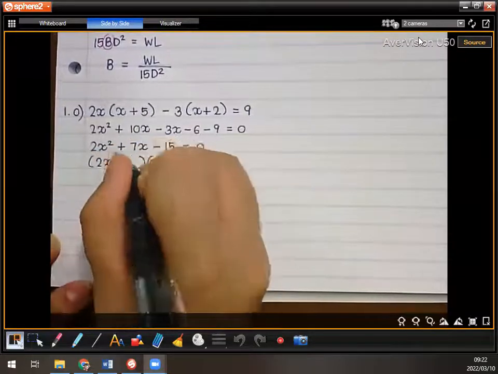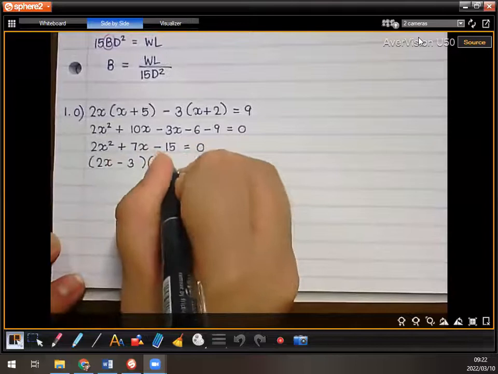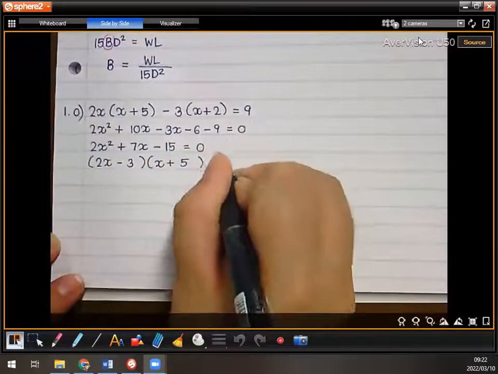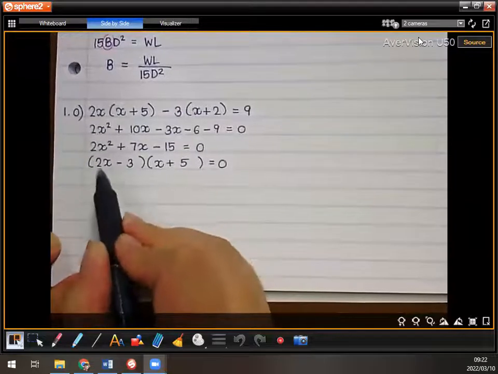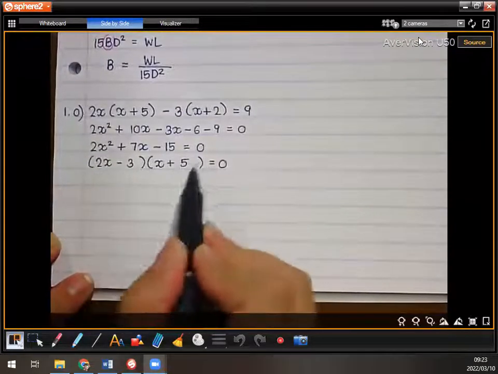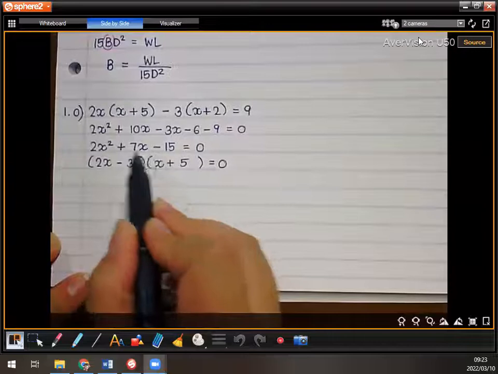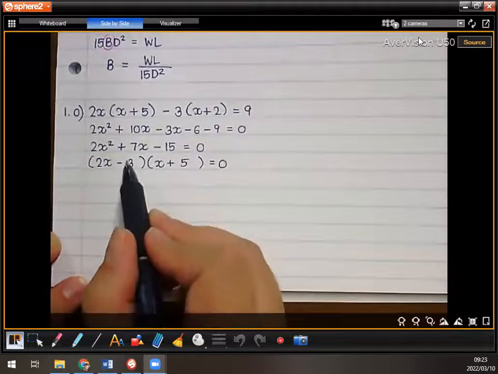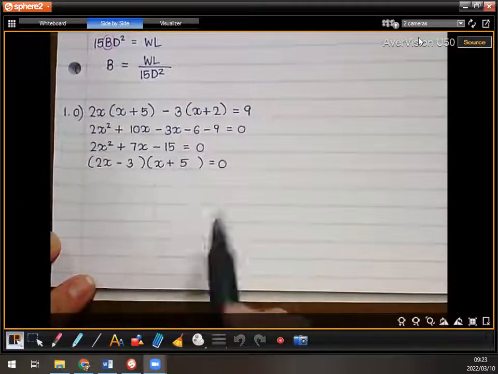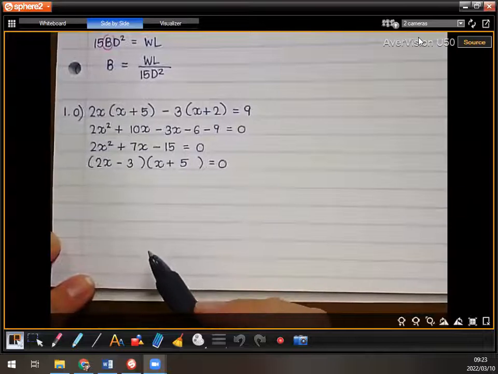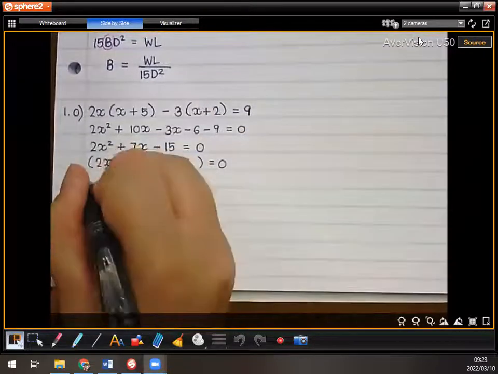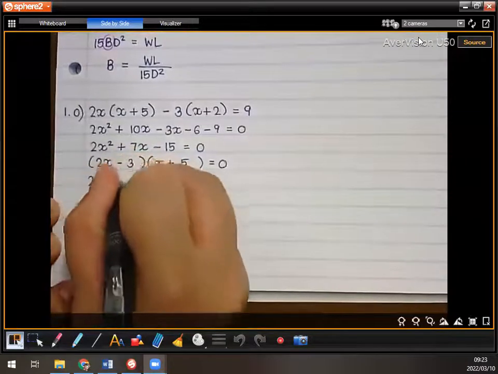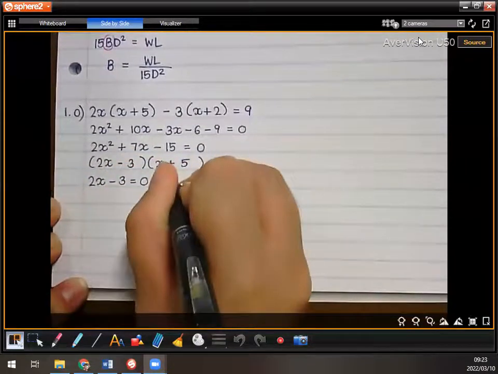2x minus 3 and x plus 5, does that work? Okay, let's see. 2x times x is 2x squared. When we do our outwards, we get plus 10x. Then we get minus 3x. That will give us 7x, right? And negative 3 times positive 5 will give us negative 15. Now, when you have your two brackets equal to 0, remember you make each bracket equal to 0 separately and solve.